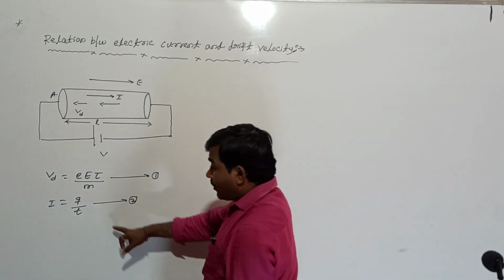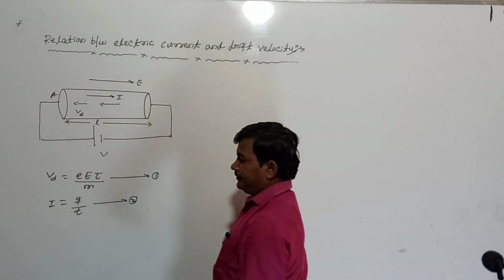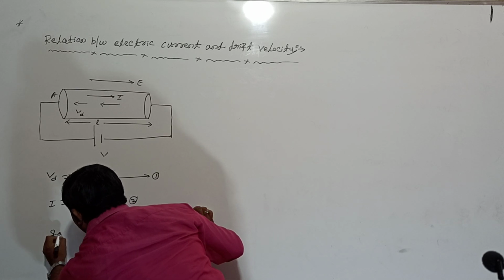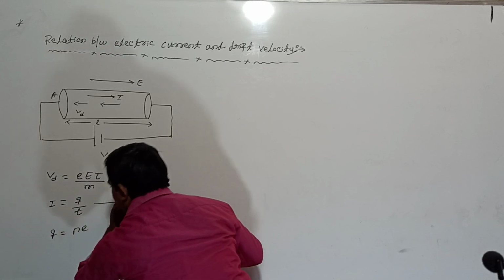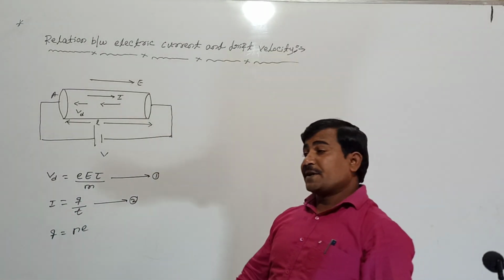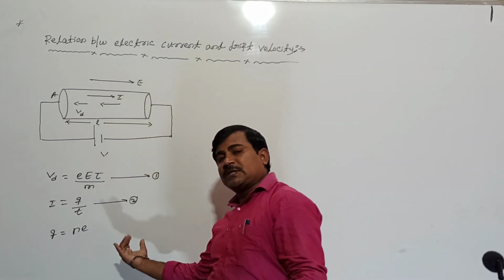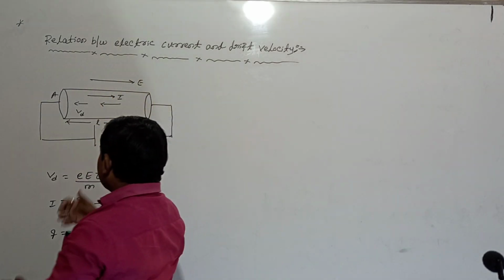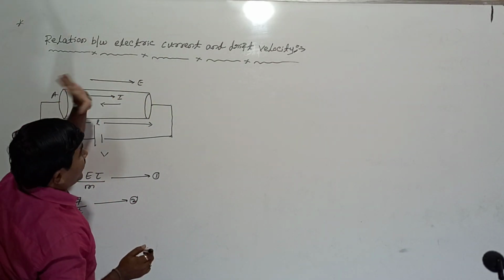We know that charge is quantized. What is the charge? Q equals n into e, where n represents the number of electrons and e represents the charge of the electron.